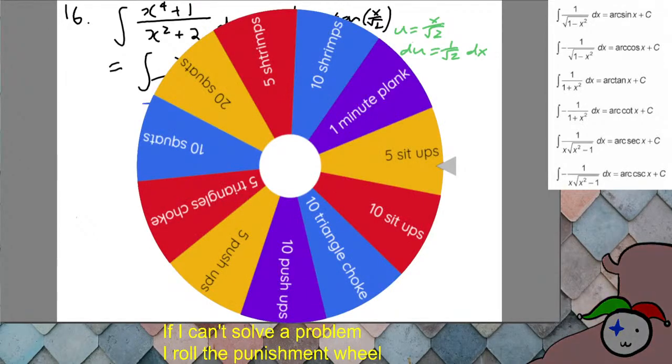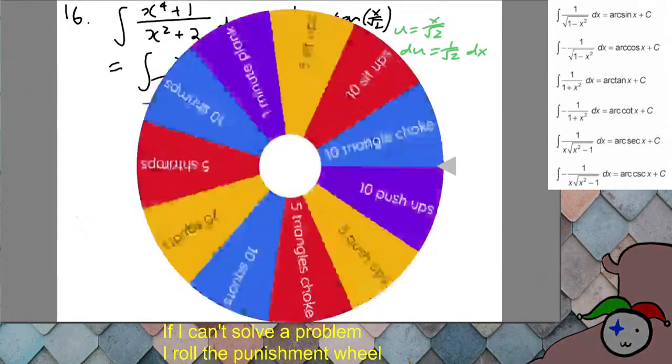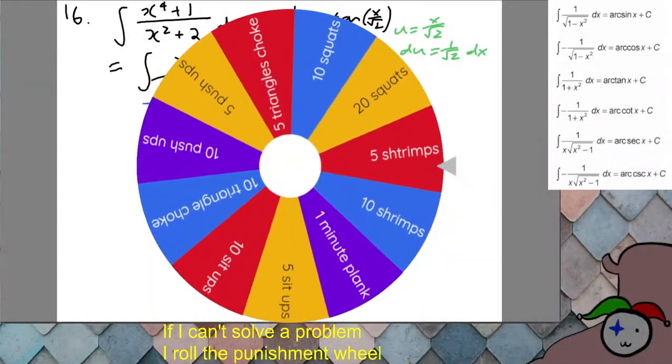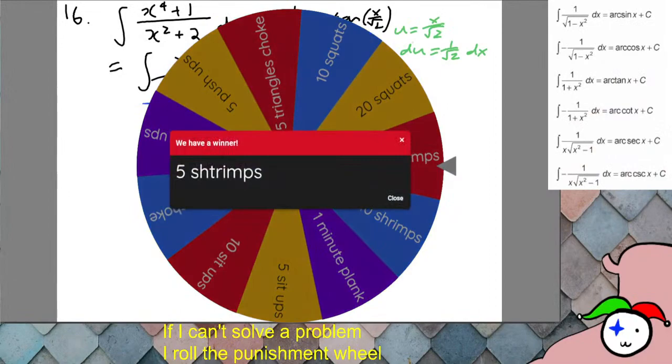Alright. Bring out the wheel. Spin it. 5 more strip. Okay. 1, 2, 3, 4, 5.